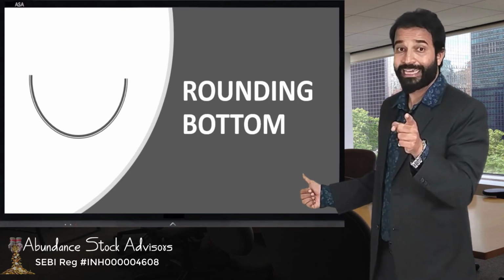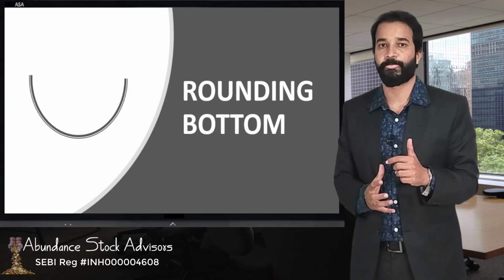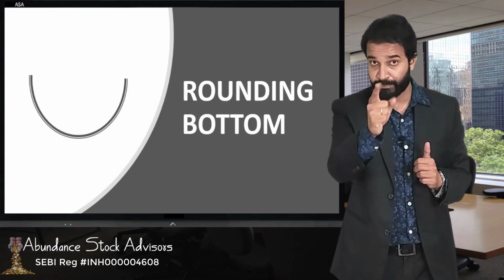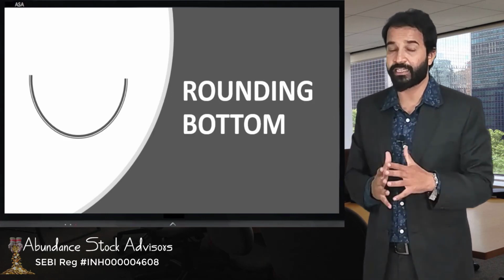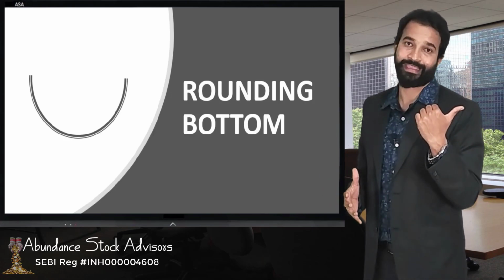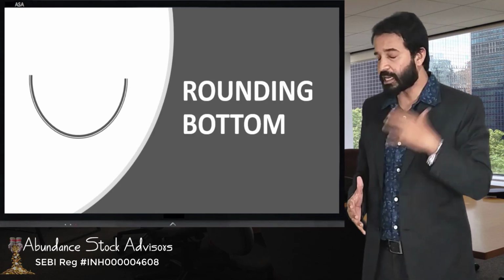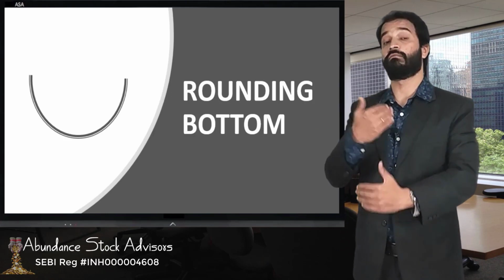This pattern is a trend reversal bullish pattern, which is rare to find, but is very reliable and can be used to identify multi-baggers. This is found in companies which for some reasons have not done well and have gone into losses. Their stocks too have taken a massive beating, and suddenly after some time the company takes a U-turn totally.